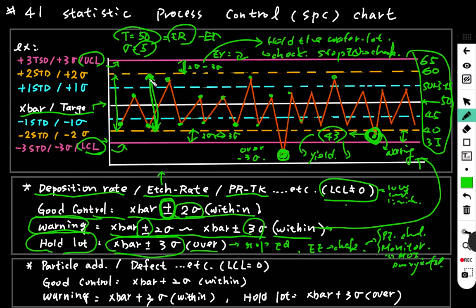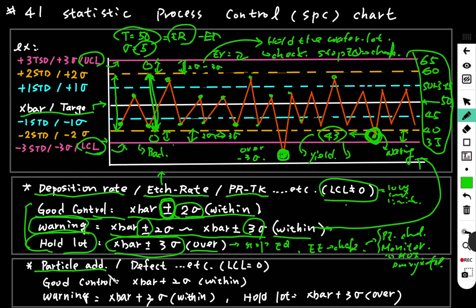Over 2 sigma to the 3 sigma area is a warning, and over 3 sigma to the low or up control limit is bad. We've got to take action. This is how the SPC chart is used.